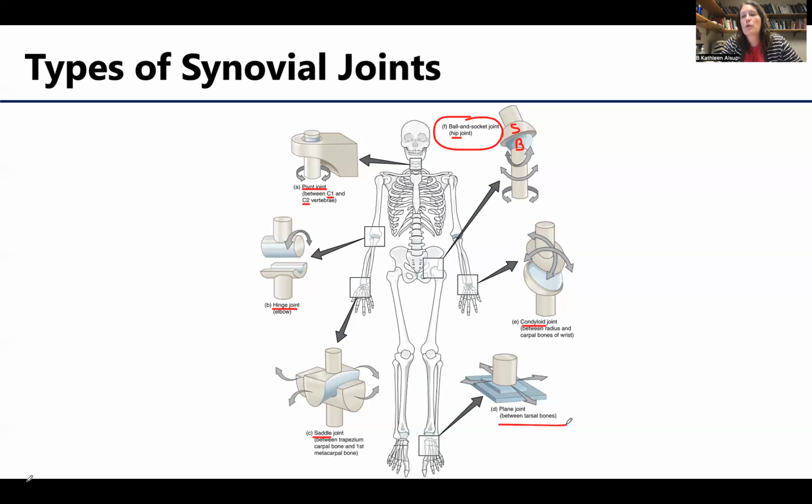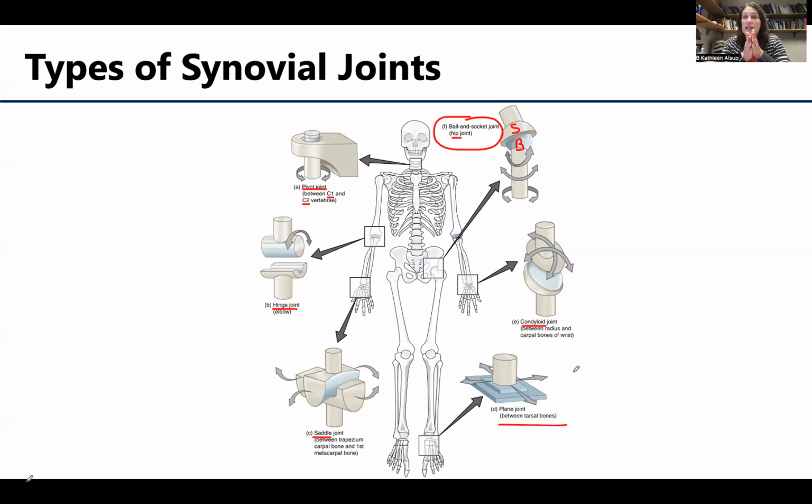And then lastly, one of the more simplistic joints, but very important in terms of allowing other joints surrounding it to have full range of motion, are what's referred to as plane joints. The articulating surfaces of plane joints are going to be relatively flat. And literally, this is just allowing a sliding and gliding movement to occur between the articulating bones.